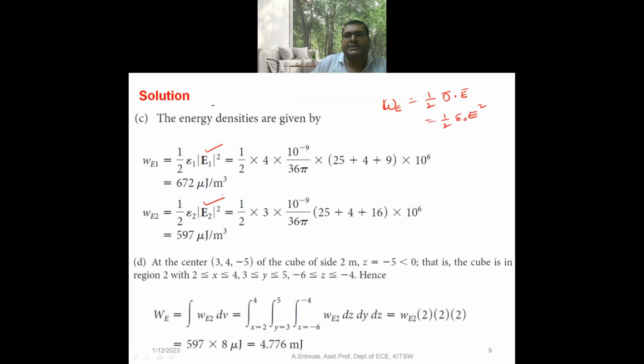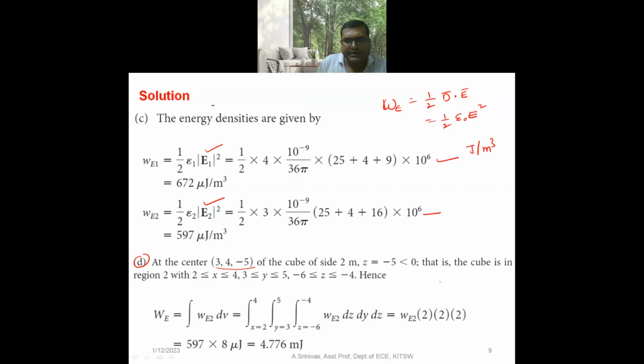In medium 2, you know the magnitude of electric field. Substitute to determine the energy densities in both the media. The units of energy density are joule per meter cube. And regarding the point, you are supposed to determine the energy density.